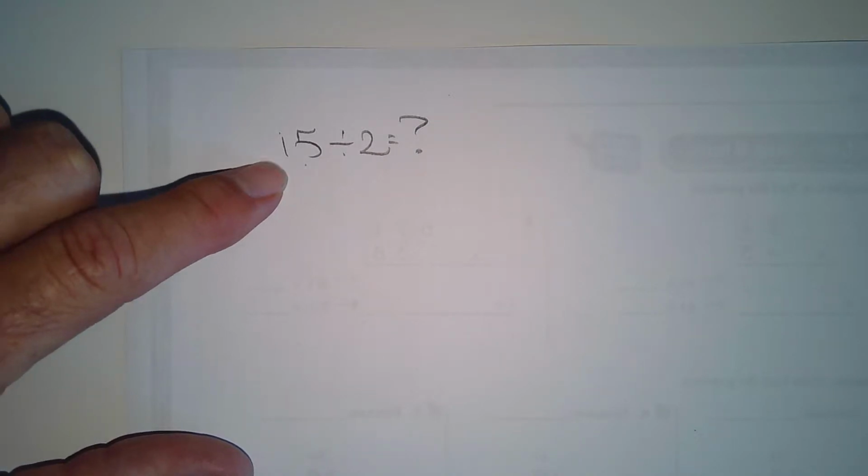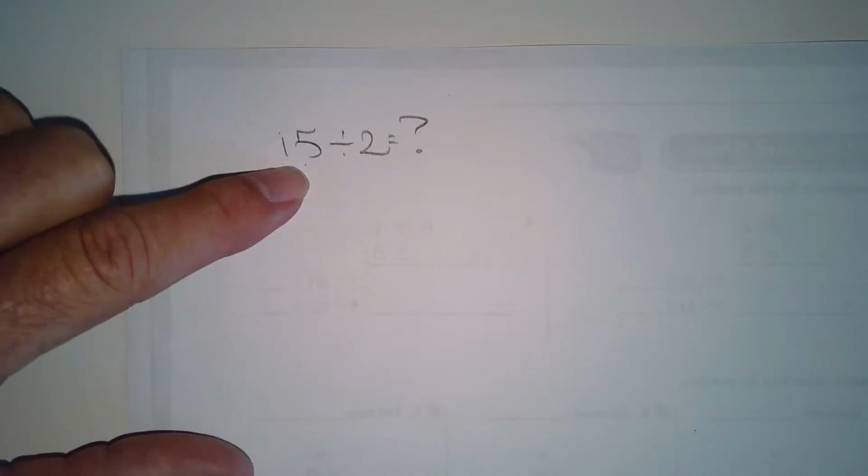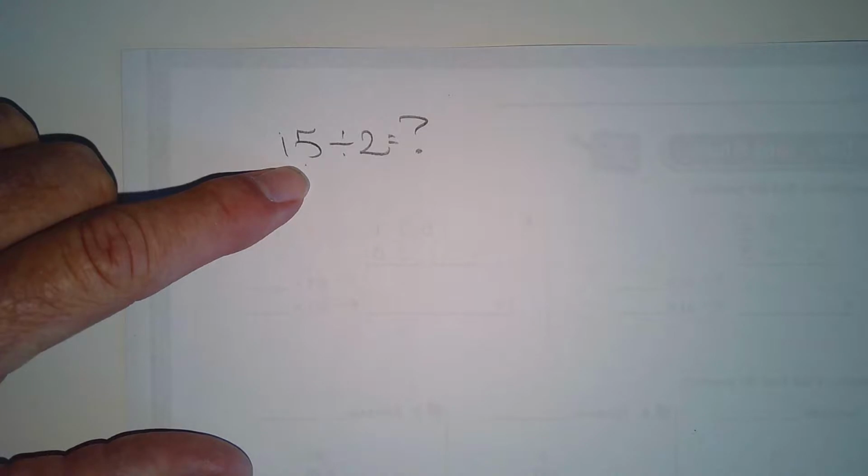You might know in your head that 2 does not go into 15 evenly. But how would you know, just by looking at a number? Do you have any idea? Well, you mean 2 into 15. No, 2 doesn't go into 15 evenly.